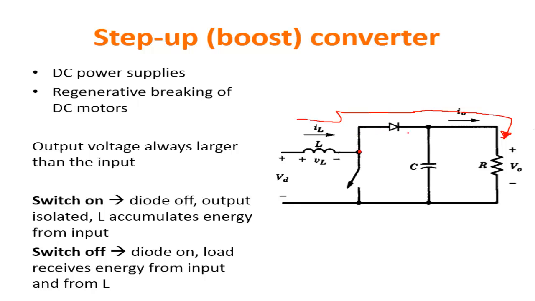When the diode is on, of course, current can flow. For this reason, this voltage is increased by the inductor. Basically, it only drops by V gamma on the diode, and here you can have a voltage which is higher than Vd. So it is the inductor that pushes on the voltage in order to push current through the diode, and this is the mechanism according to which you have an increased voltage.